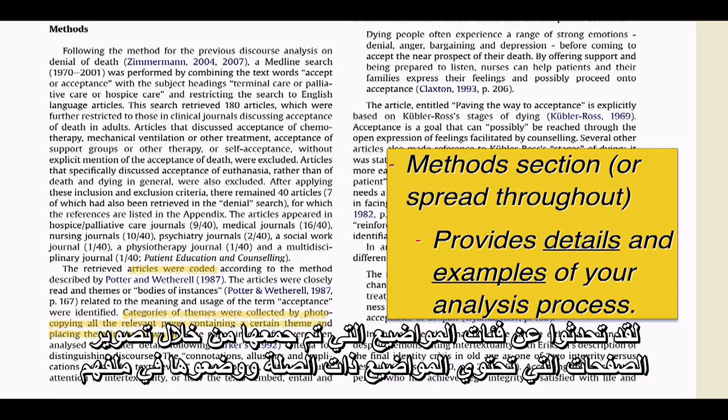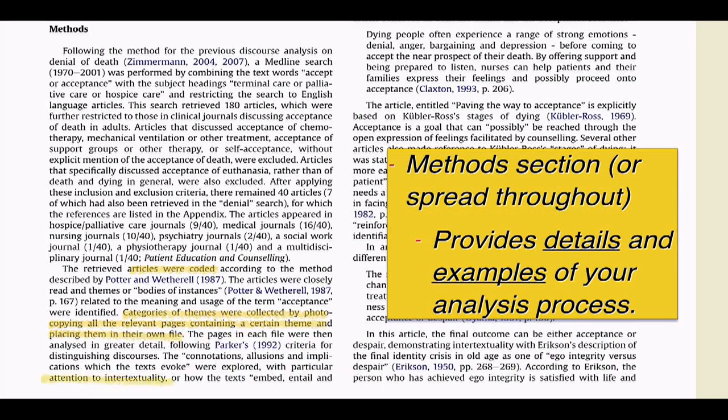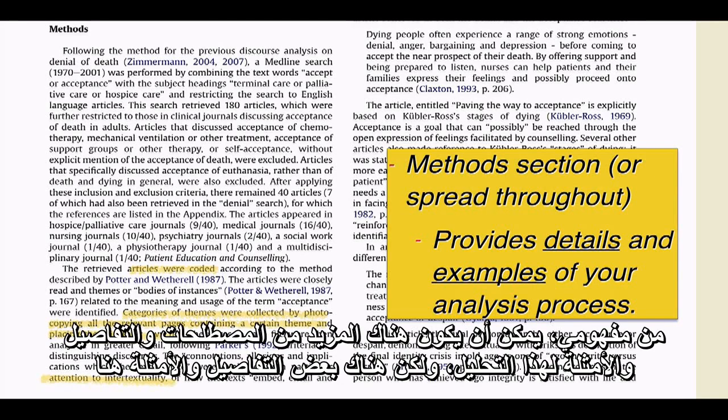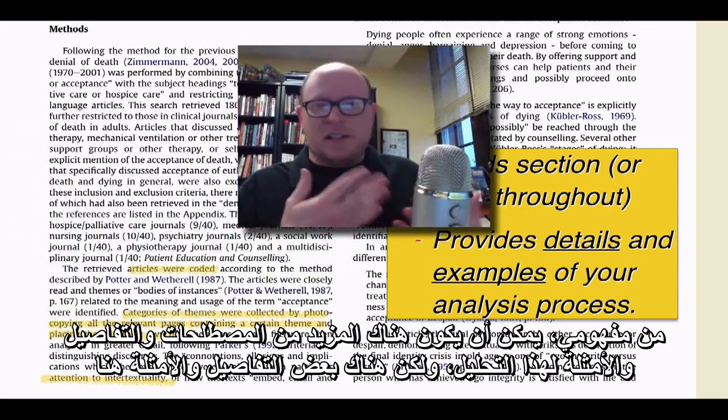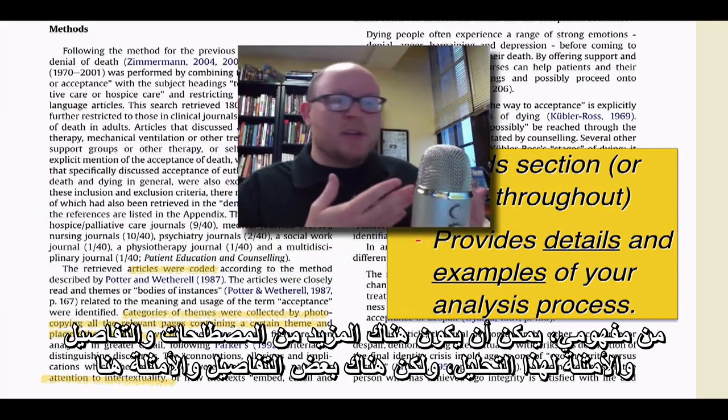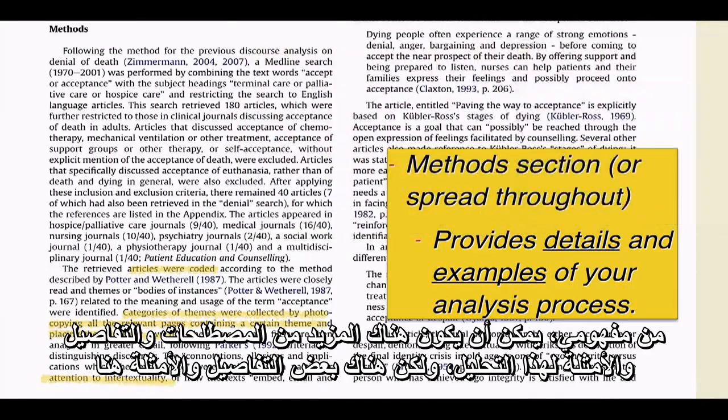They talk about categories of themes being collected by photocopying all the relevant pages containing a certain theme and then placing them in their own file. That's a very specific kind of detail. And talking about using an attention to intertextuality. My sense is that there could be a little bit more in terms of details and examples for this analysis, but there's some pretty good details and examples here.